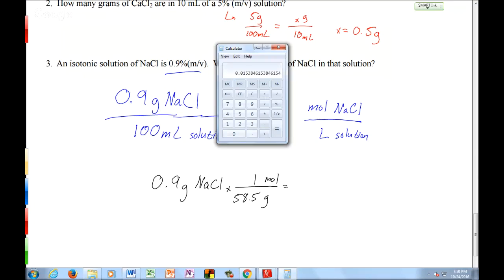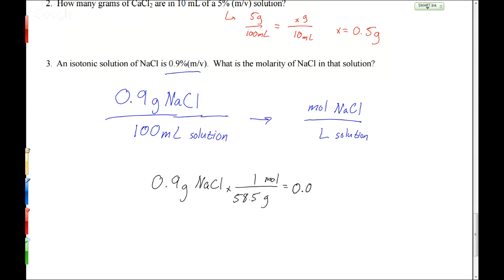Well, what's molarity? Moles per liter. So we need to get somehow from grams per milliliter into moles of NaCl per liter of solution. Can we get from grams to moles? Yeah. Can we get from milliliters to liters? Yeah. So that's how you do this.